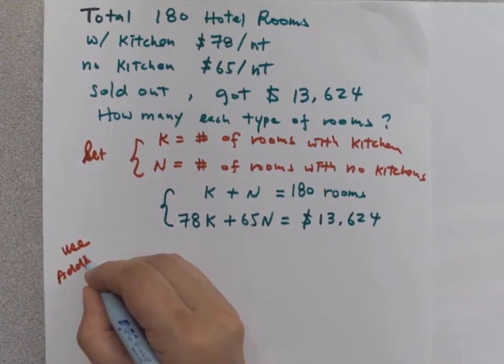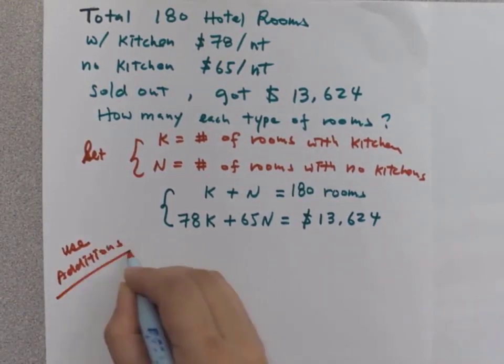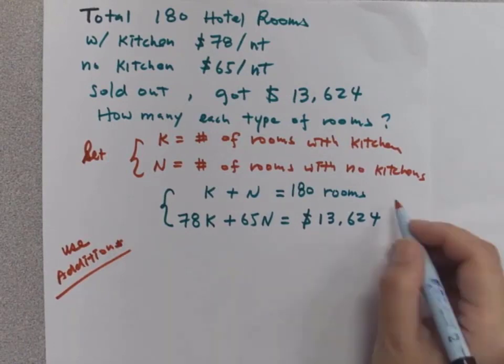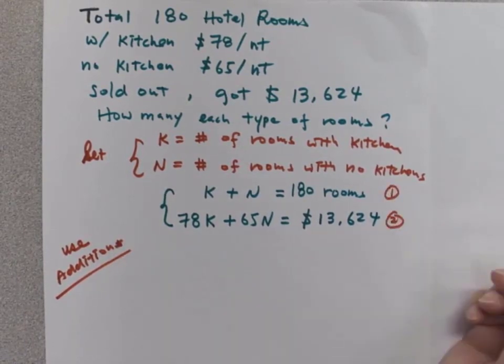Addition, okay. The other two sections chose elimination. So if you want to use the addition method, I'm going to say this is equation 1, this is equation 2. How do you eliminate? Are you eliminating K or N? N, okay.